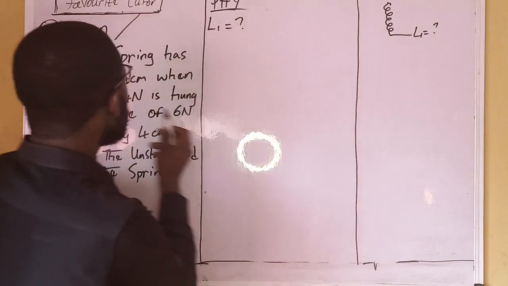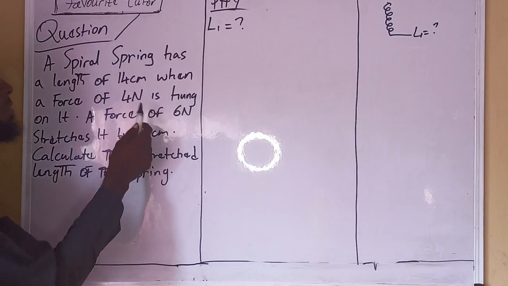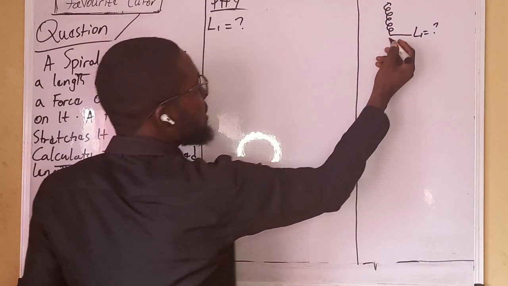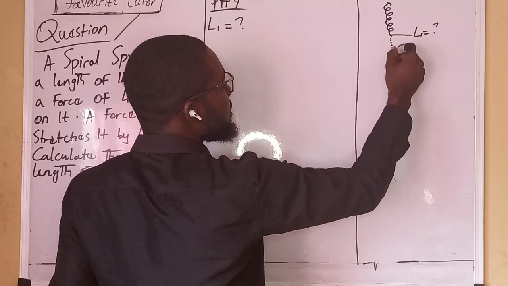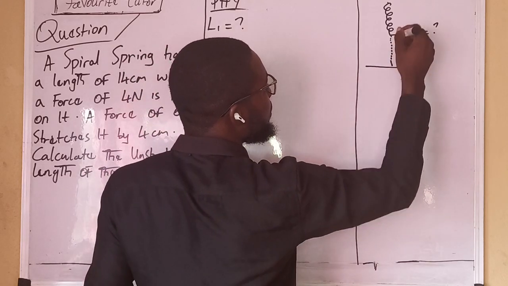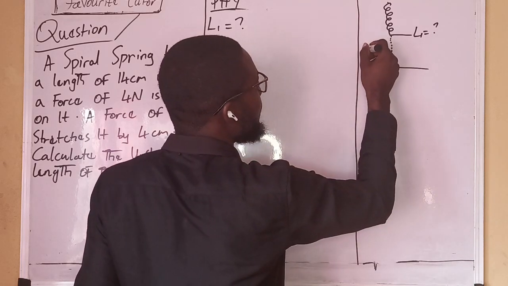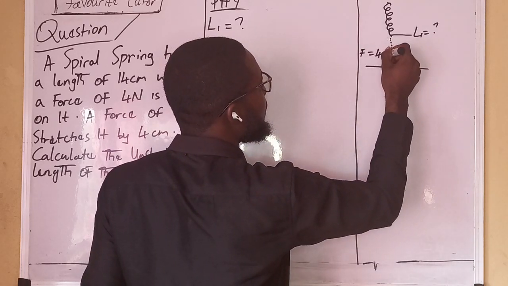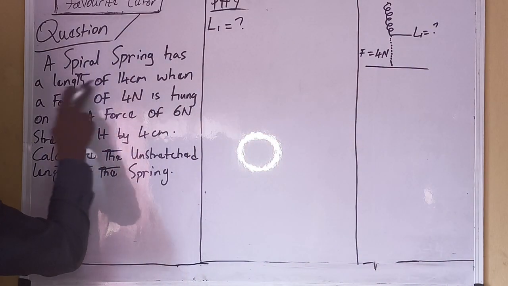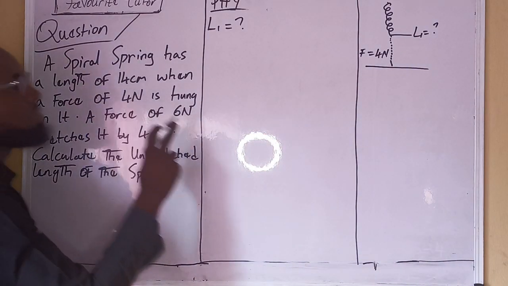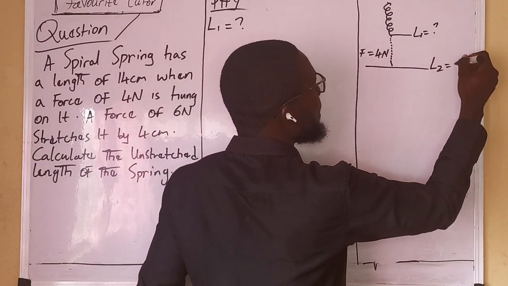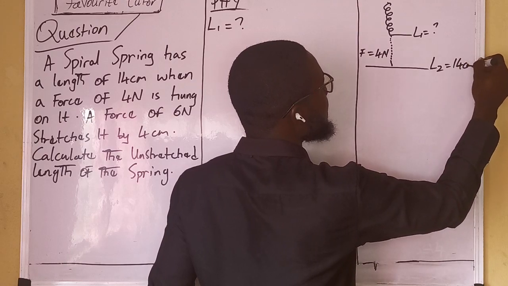Then when 4 Newton force or load was hung on this spring, the spring is going to go down due to the force of 4 Newton. We have a length of 14 centimeter. He gave us a length. So we call this one length 2, length of 14 centimeter.